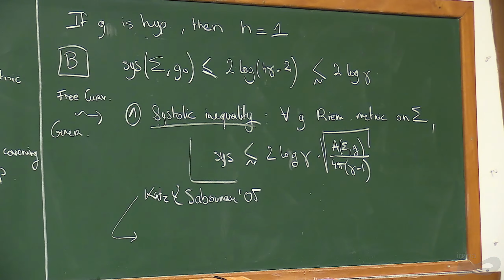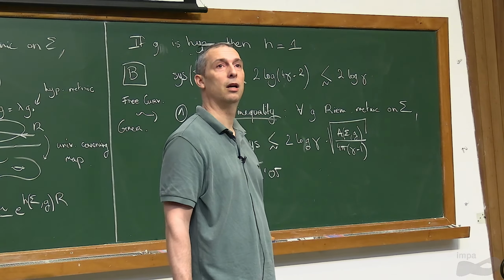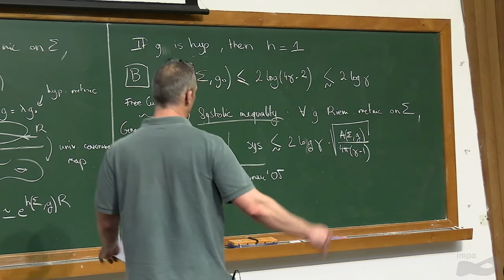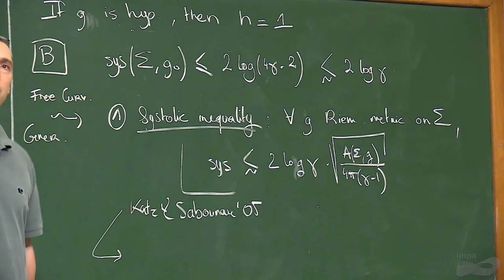For a given genus, is this sharp? No, we don't know. We don't know sharp surfaces for systolic inequalities, even hyperbolic ones. There is some partial result when the metric is negatively curved, and this is by Sabourau. But in the general case, when you allow any curvature to appear, we don't know.